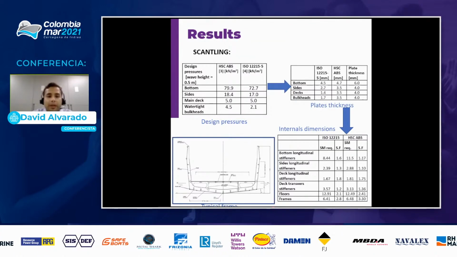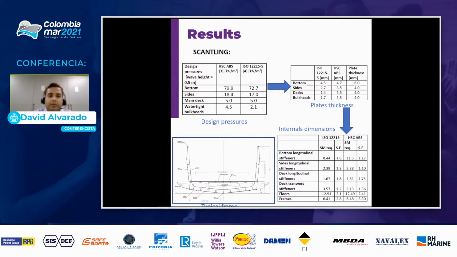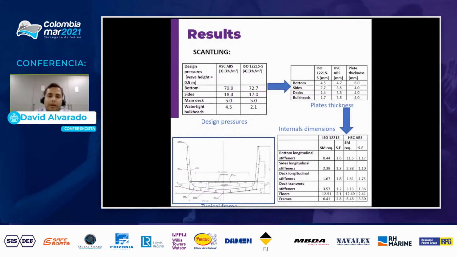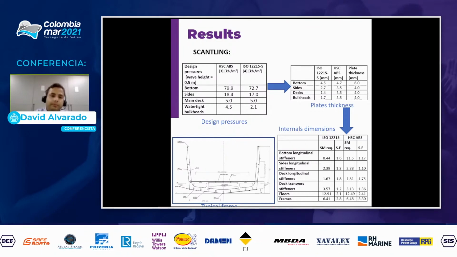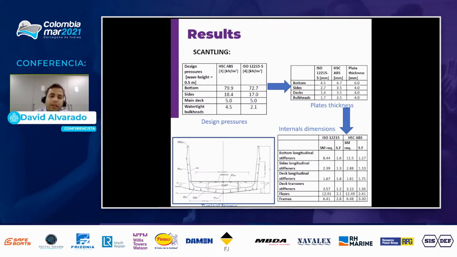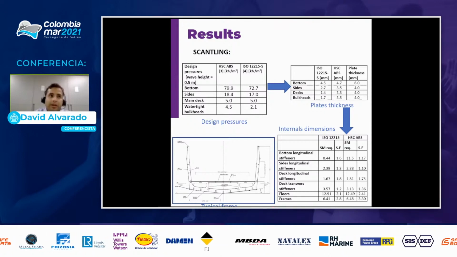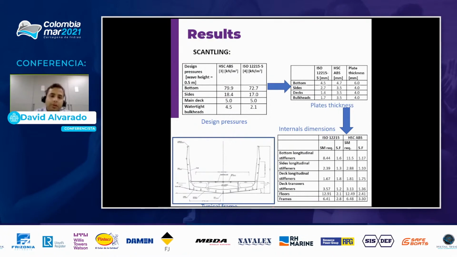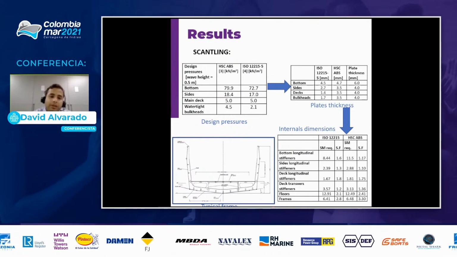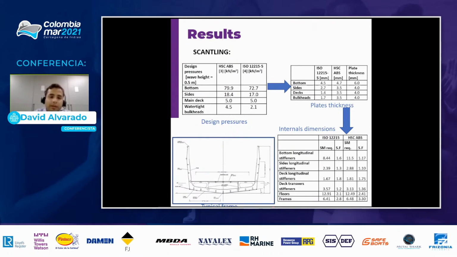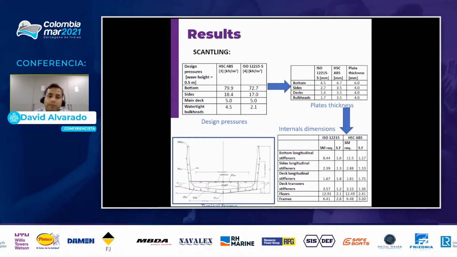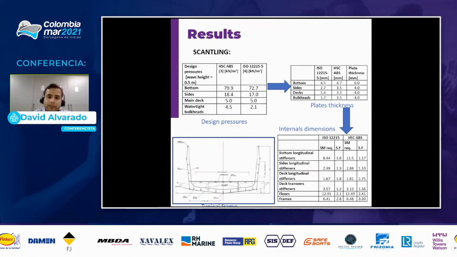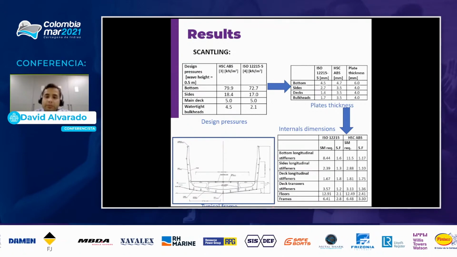Okay, for the results, we calculated the pressure obtained according to the standard and ISO 12215. All of this with a wave height of 0.5 meters, which is recommended according to both classification societies. In all cases, we can see that deck and bulkhead pressure is actually higher according to the standard.